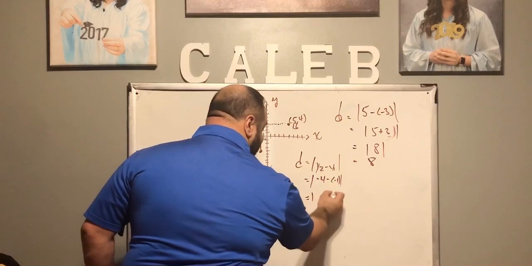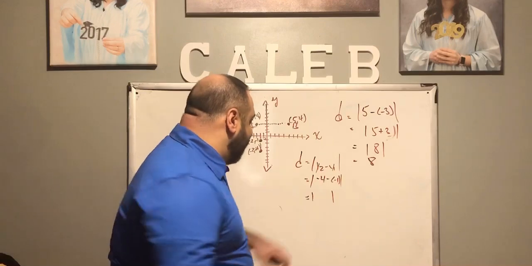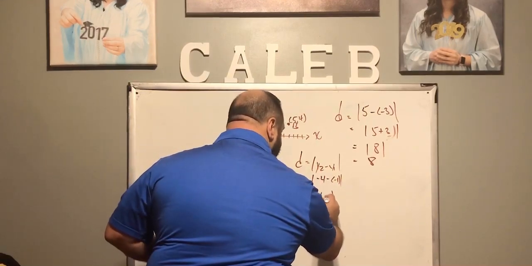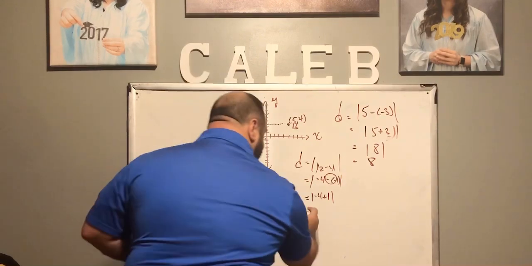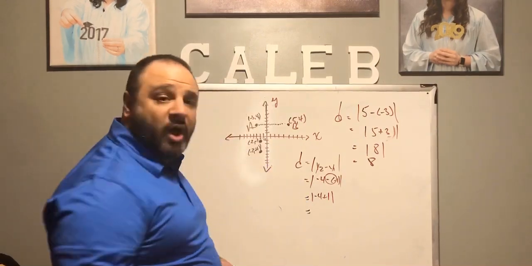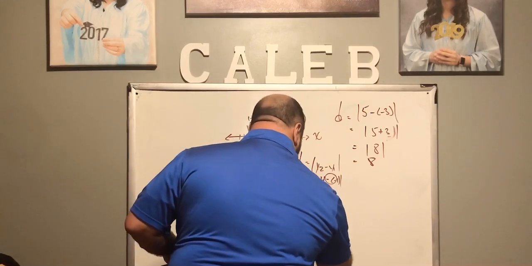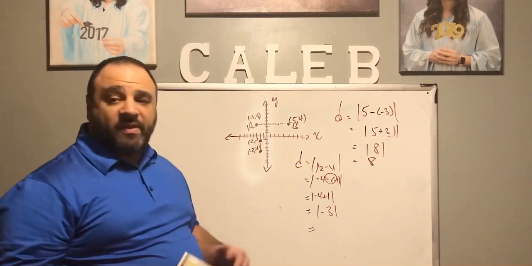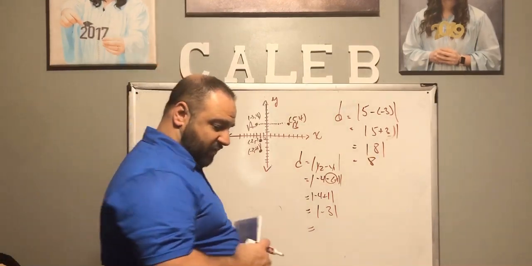Again, make sure you pay attention to your subtraction signs and negative signs here. So we have negative 4 plus 1, because two negatives make a positive. Negative 4 plus 1 would be negative 3. And then the absolute value of negative 3 would simply be 3. That is correct.